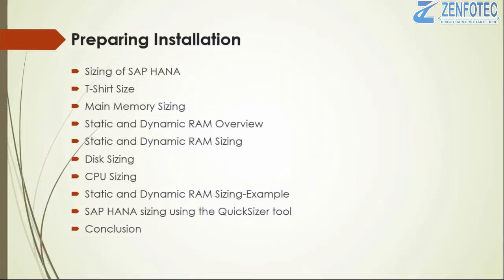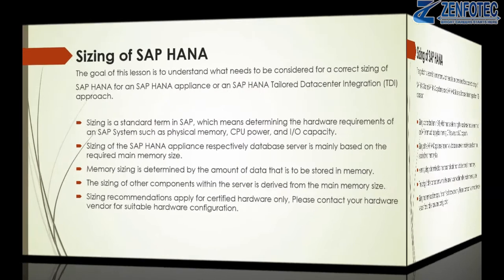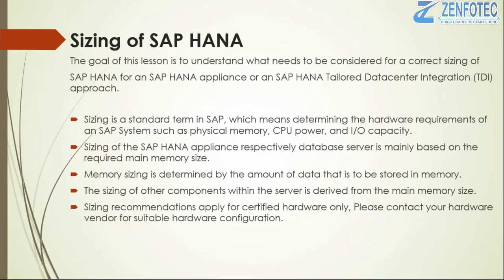So in HANA, we have two delivery modules. One is the appliance delivery module, and another is the TDI delivery module. For the appliance, we only do the sizing for the memory.